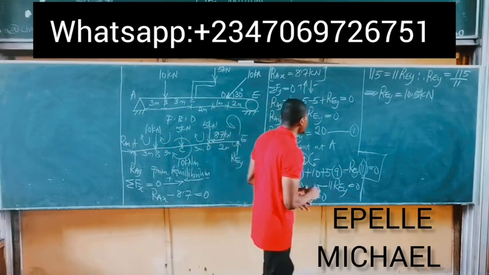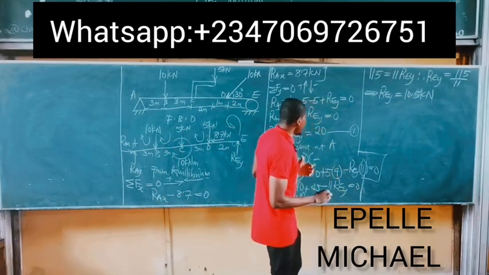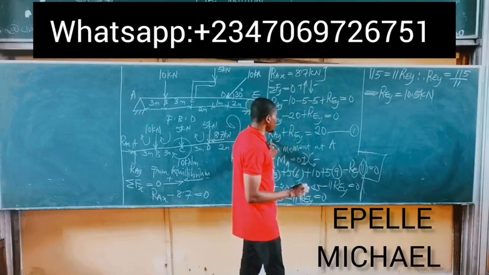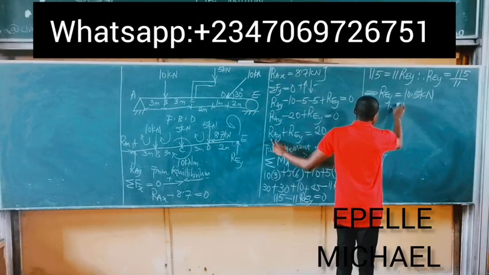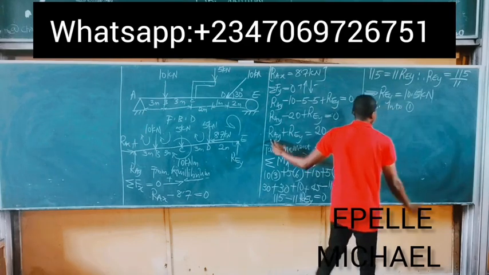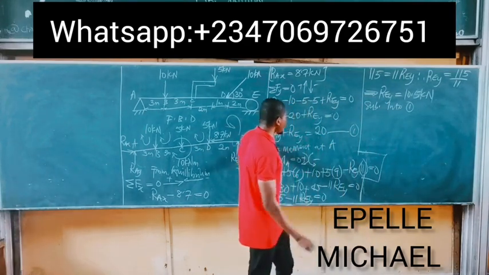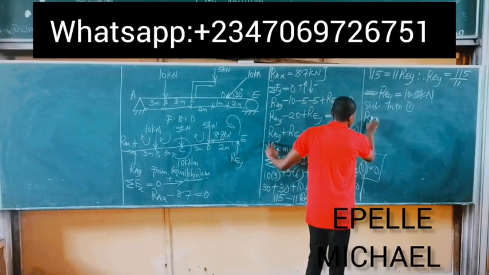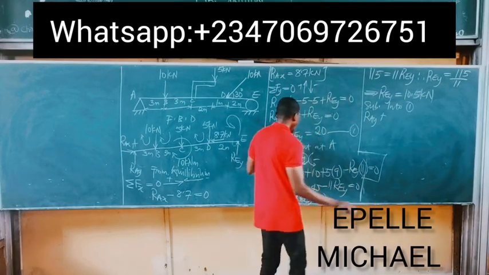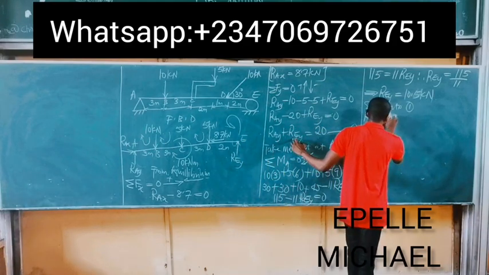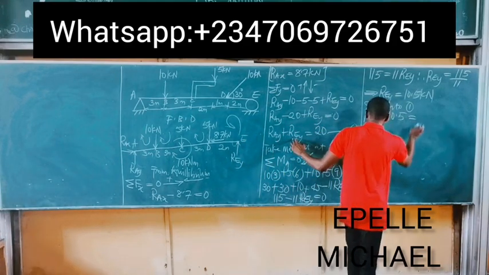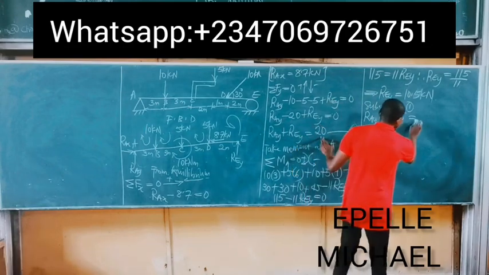So if we know REY now, we simply substitute the value into equation 1 to find RAY. From equation 1 we have RAY plus REY, and REY now is simply 10.5, and that's equal to 20.